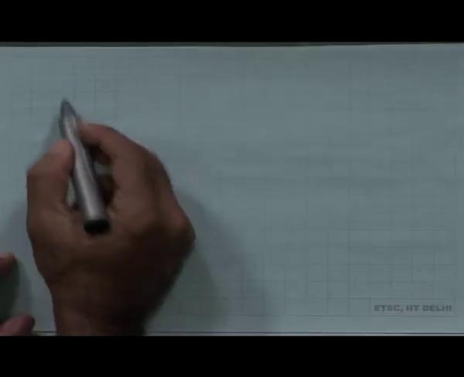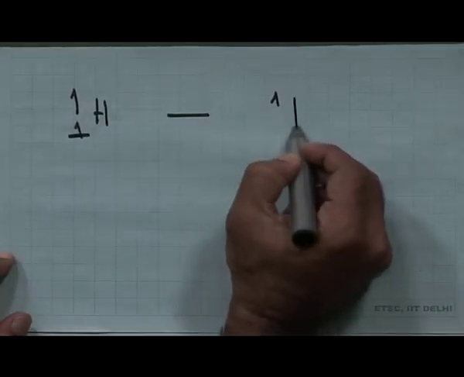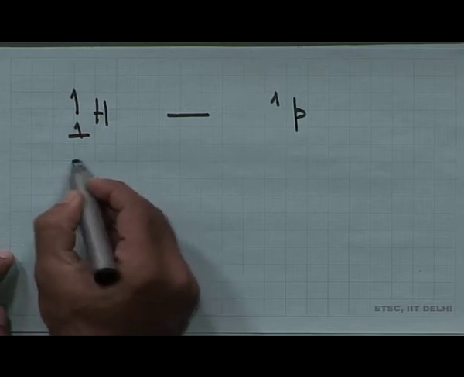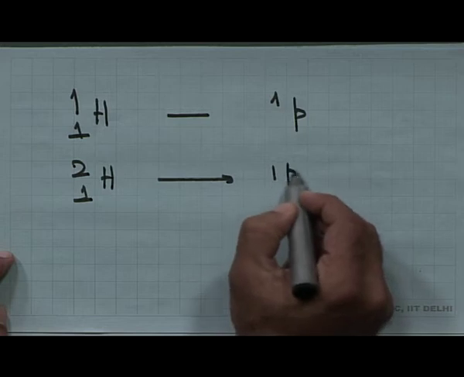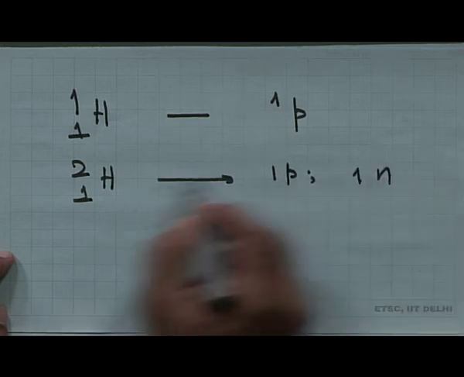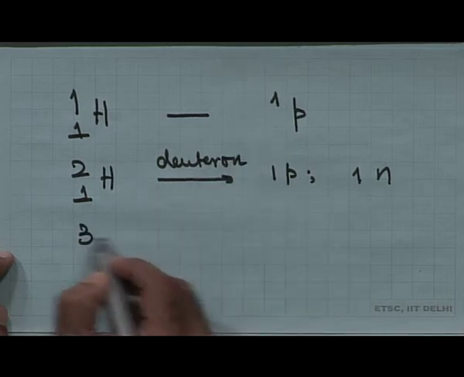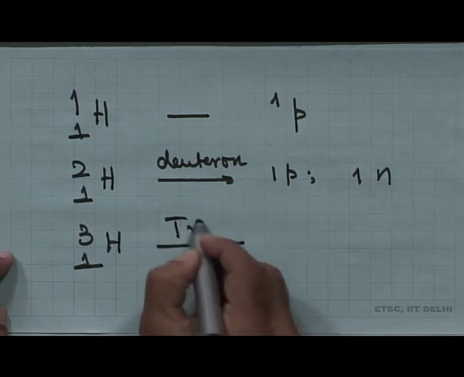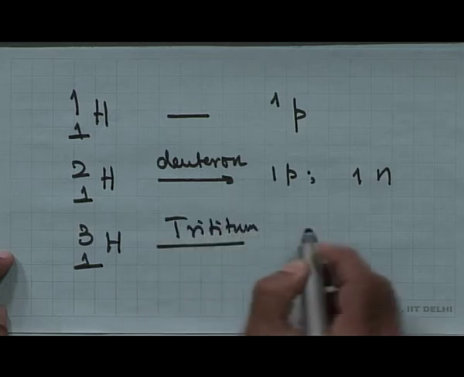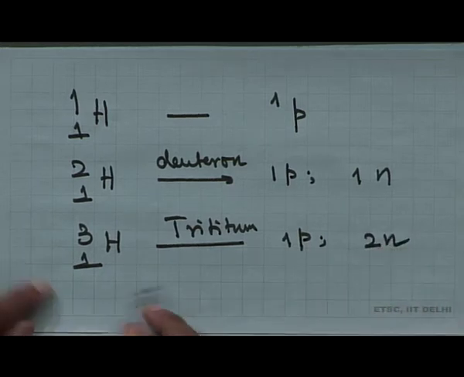So let us look at the periodic table. You have hydrogen consisting of one proton. Then you have 2H1, which is one proton, one neutron, and what is it called? Deuteron. Then you have 3H1, which is tritium, which is one proton, two neutrons.